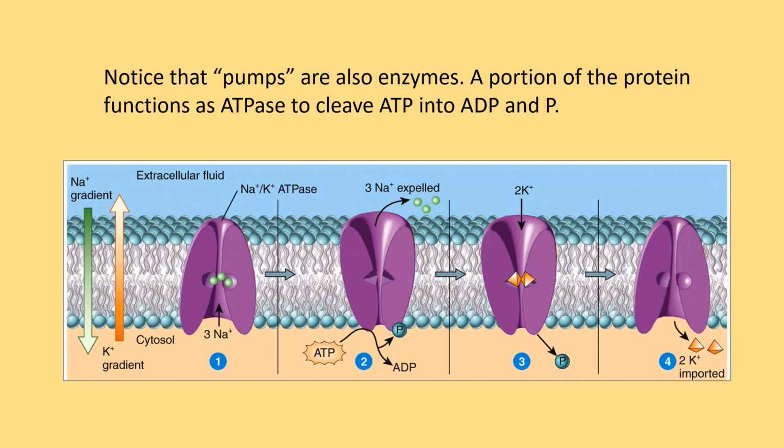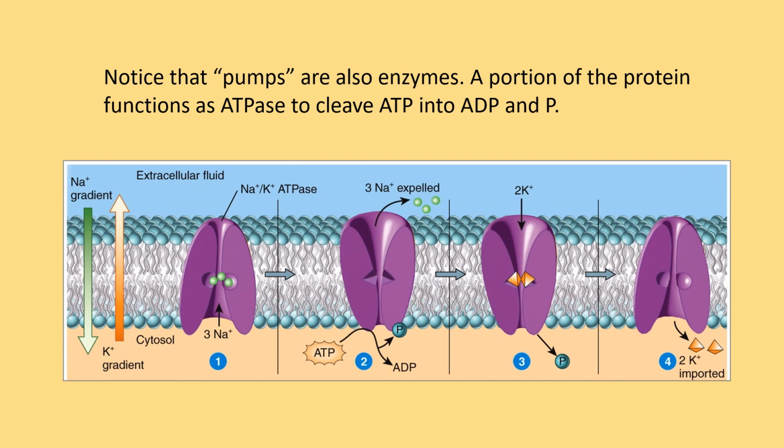The sodium-potassium pump is responsible for generating and maintaining concentration gradients across the membrane for both sodium and potassium. And notice these two substances are both moved in an uphill fashion, or against their concentration gradients. Sodium is in low concentration inside the cell, and the sodium-potassium pump moves sodium from an area of low concentration inside the cell to an area of high concentration outside the cell.